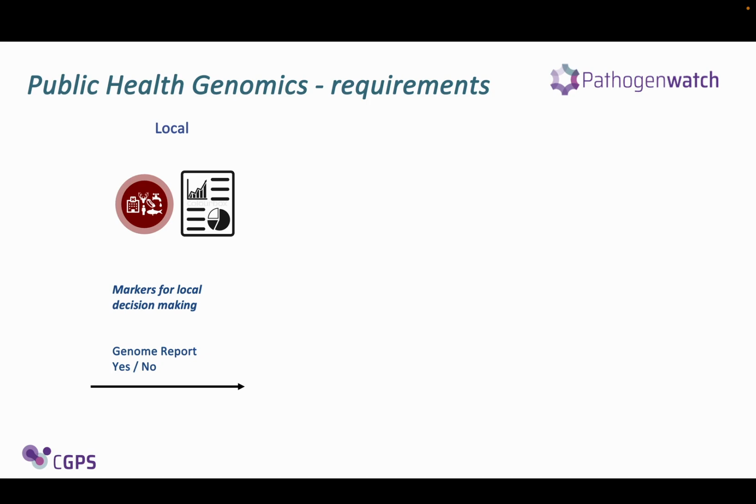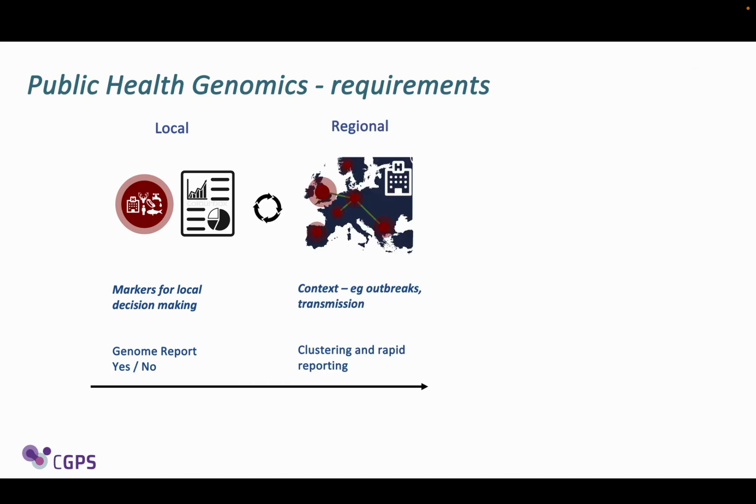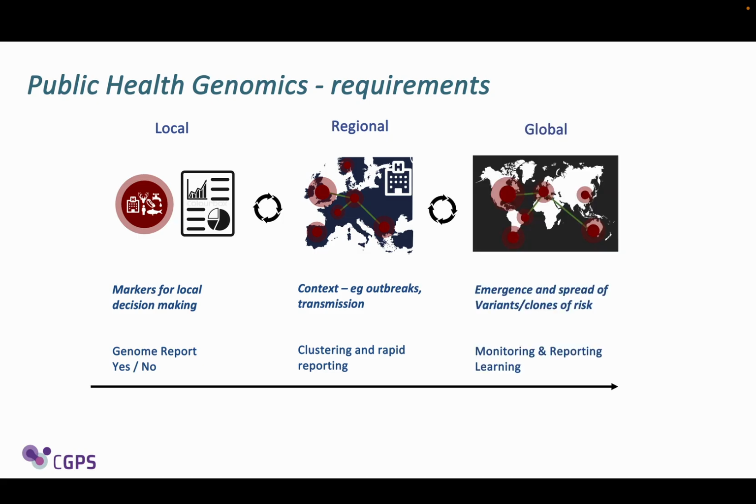But then, of course, combining that information together enables additional questions to be understood, such as, is there an outbreak going on? Is the genome that I've just looked at similar to genomes that are very local or elsewhere? And that's really focused on how you cluster those genomes together and rapidly report that information for useful decision making. And then ultimately we can bring that information together on a much broader scale to be able to monitor the emergence of new clones or variants of risk.